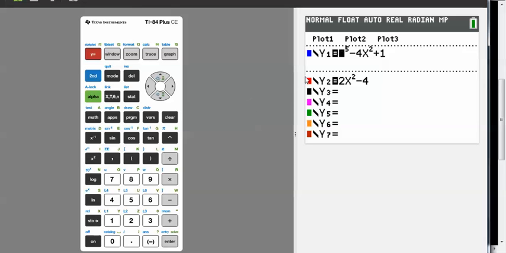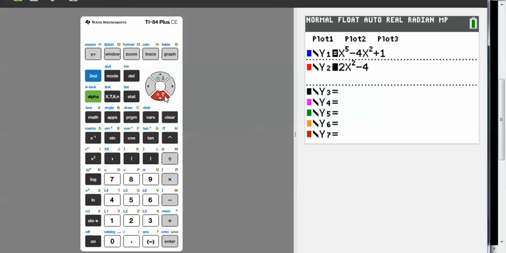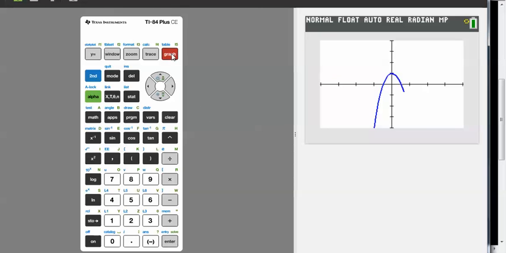When I graph these, first of all, mine's in color. If yours is not in color, what I often do is come down here and turn that one off, then push graph and get in my mind which one that is. I've got my window set negative 4 to 4, and negative 4 to 4, so that you can see it better.